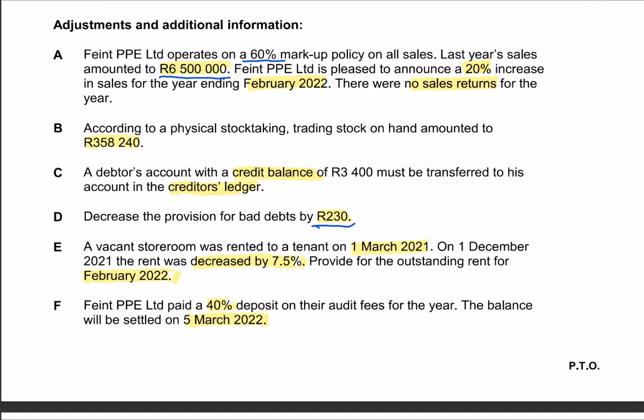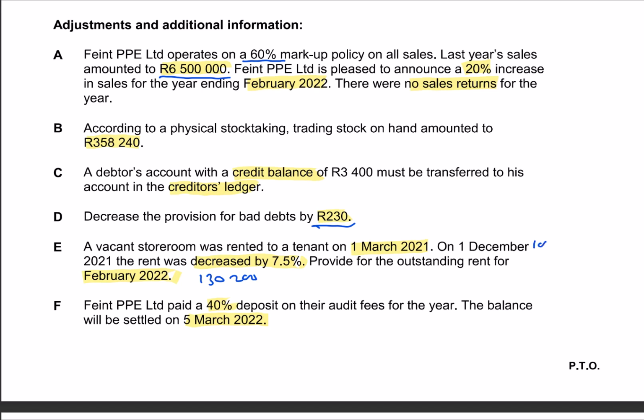I need to write it here. That's 130,200. So what happens here is for the first months, rent was 100%. So normally how I work it out this way, right? From March to 30 November, rent was 100%, right?